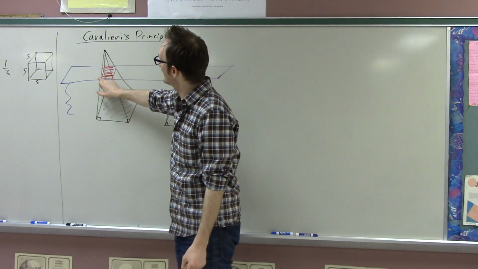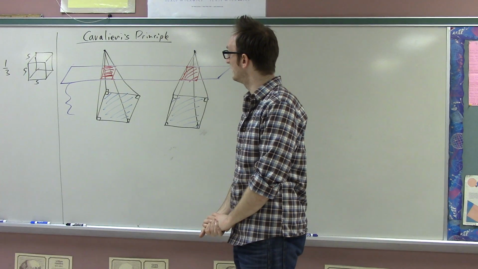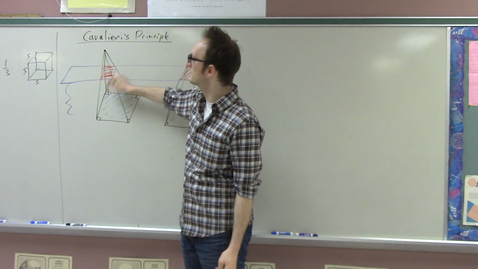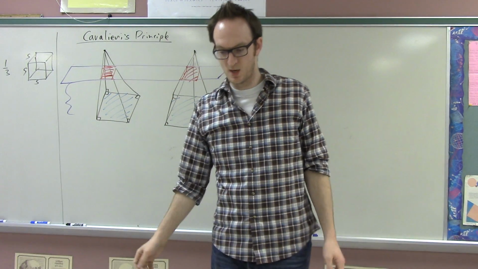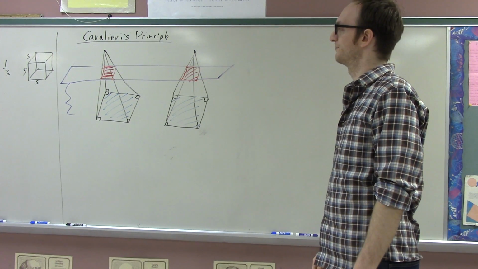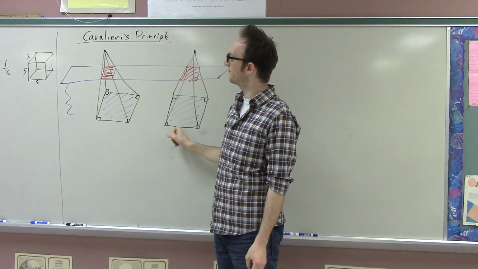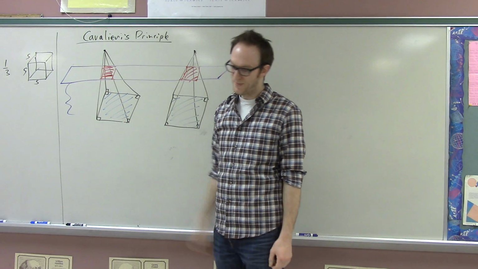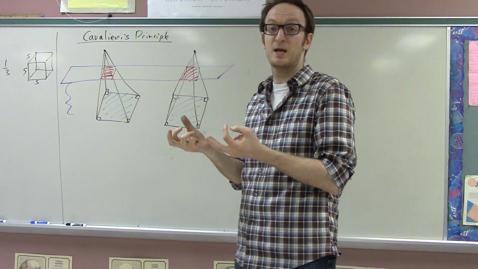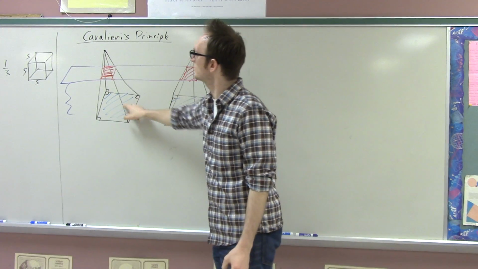To the extent that all of these slices are congruent to each other and have the same thickness, then the entire figures that they constitute must have the same volume. Here I started with figures with congruent bases, but it is possible to start with two pyramids of arbitrary shaped base, as long as the areas of the bases are the same.